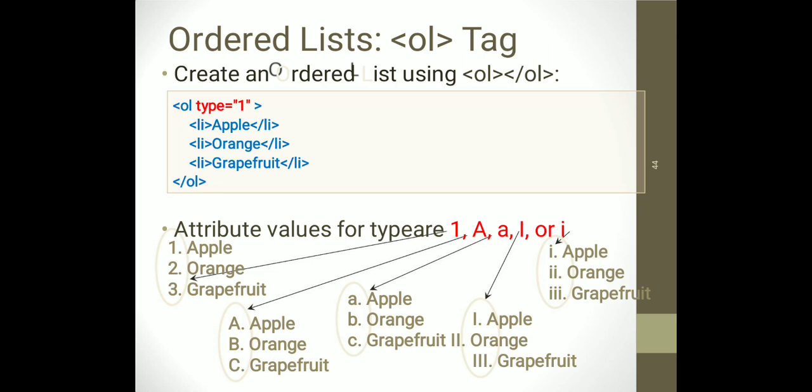Okay, and the numbers can also be Roman, like I, II, III, that can also be listed. Okay, so how to define and how to use those things, that we have also seen. After starting your OL tag, you need to start the remaining contents, or the list of contents, with the li tag. Okay, and after completing the list, again close that OL tag that was opened at the start.